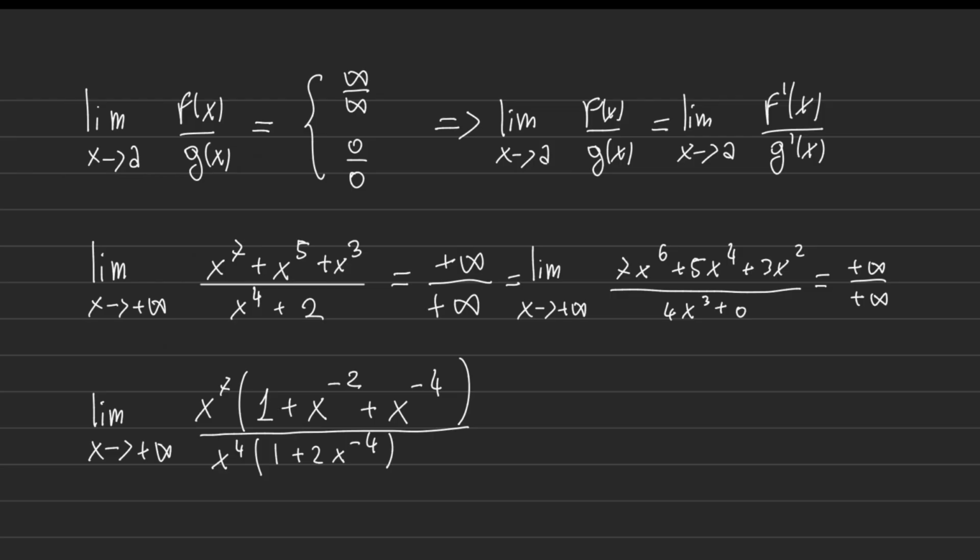And why am I doing this? Well, because now I can simplify the x's right in front here. So this 7 becomes a 3, and this one simplifies out.